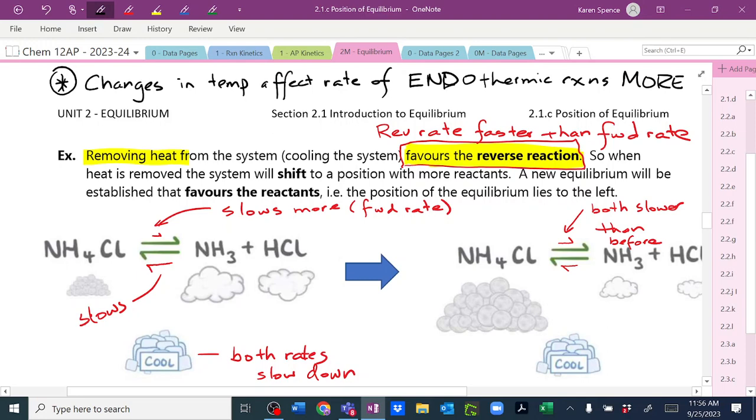So if you heat up a reaction, whichever direction is endothermic is going to speed up more than the exothermic direction. If you cool a reaction down, the endothermic reaction is going to slow down more than the exothermic reaction. And it has to do with the fact that the endothermic reaction has a higher activation energy than the exothermic reaction.